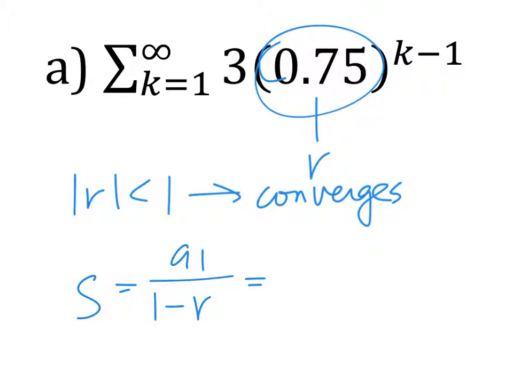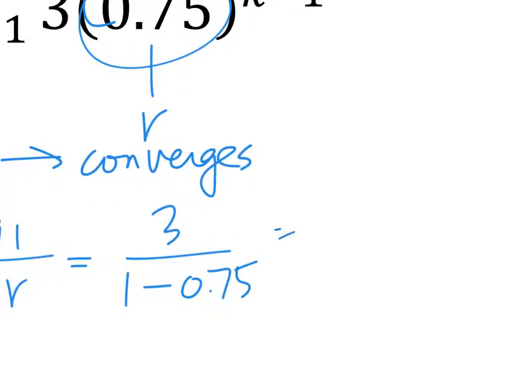So K is equal to 1. If you put 1 in here, this whole thing cancels out to be 1. So then 3 is the first number. Okay, so sometimes it's not K equals 1. Then you do have to calculate. So please be careful. 3 over 1 minus R. So 3 over 0.25, and that is 12.